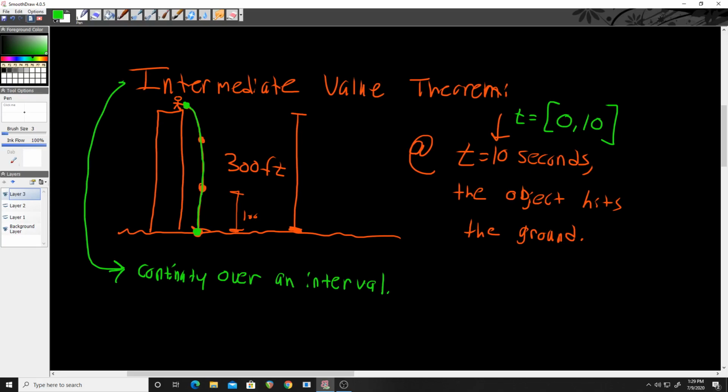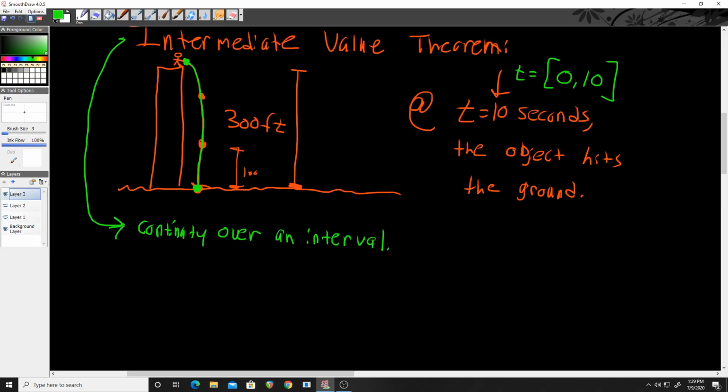If you have continuity over an interval, let's call that interval in general AB. It goes from x equals a to x equals b, or in this case, a would be 0 and b would be 10.